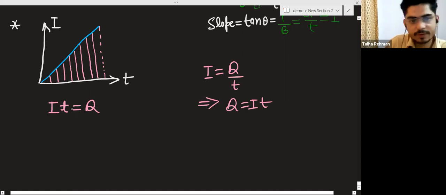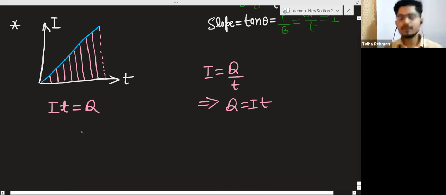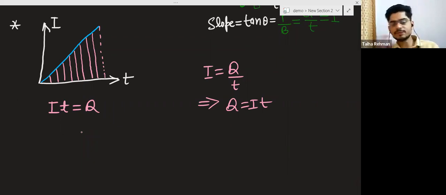This is actually a part of integration, but you simply calculate the area of this triangle and you will get your answer.